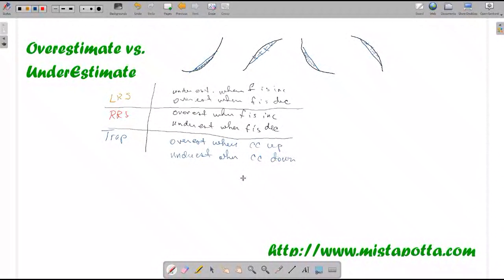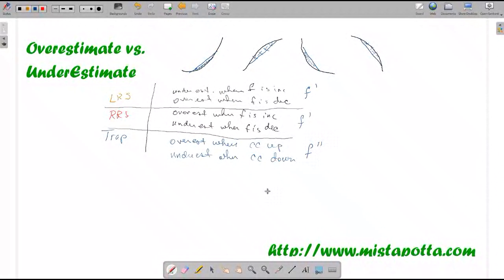In other words, there's a relationship between the calculus of the function, because the left-hand sum and right-hand sums deal with when our function is increasing or decreasing. That's a first derivative problem. And our trapezoid rule depends on the concavity of a function. Well, that's our second derivative's nature.